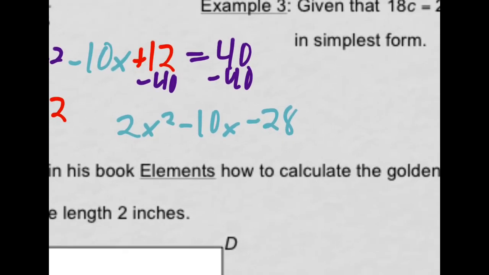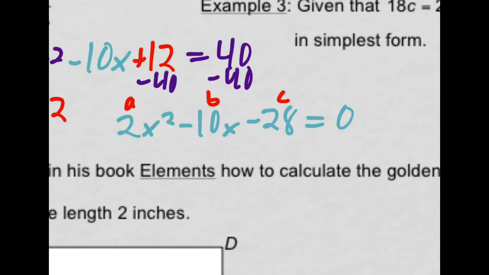And that's all equal to 0, right? Okay. Well, here's where the quadratic formula rears its ugly head. So this is our A, this is our B, and this is our C.